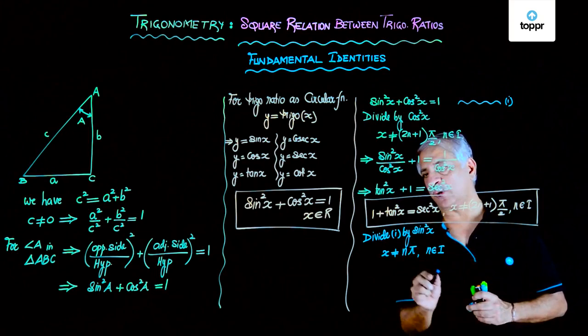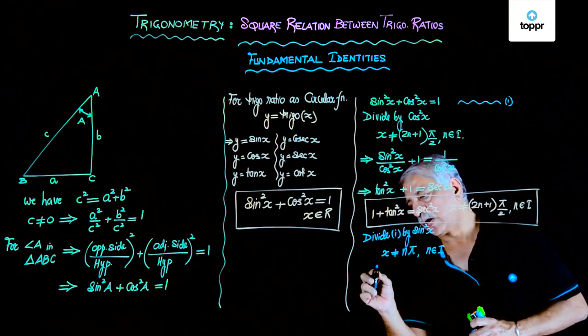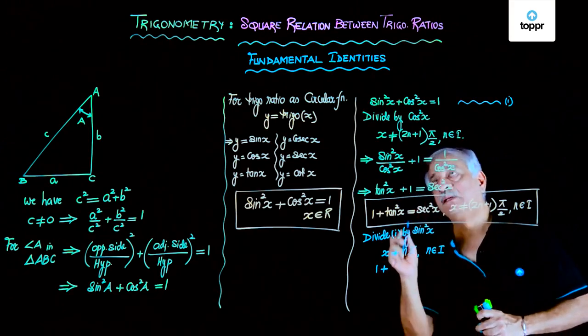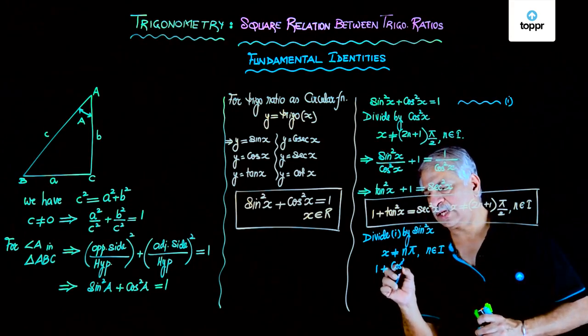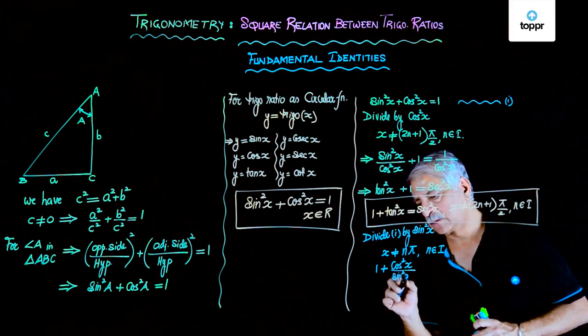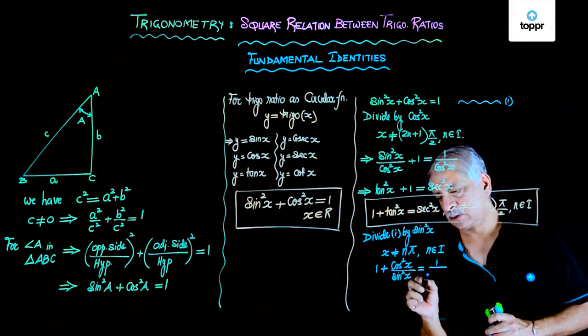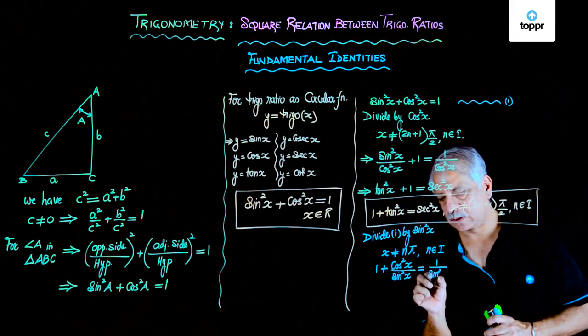So, remove all those points and then I have 1 plus cos square x upon sin square x is equal to 1 upon sin square x.